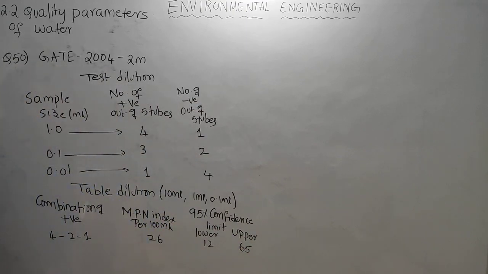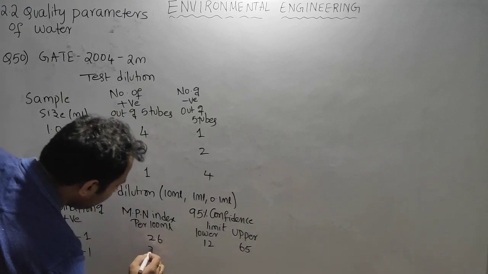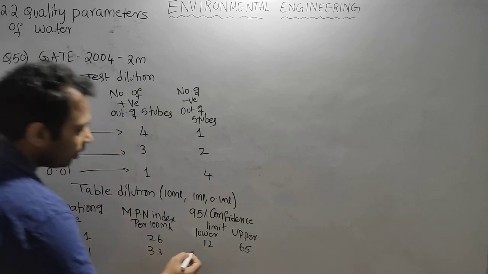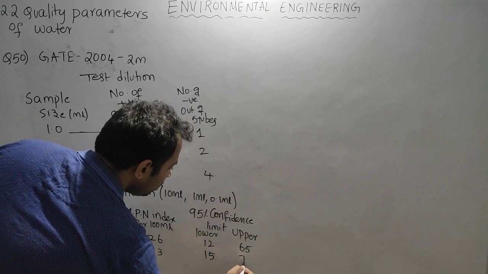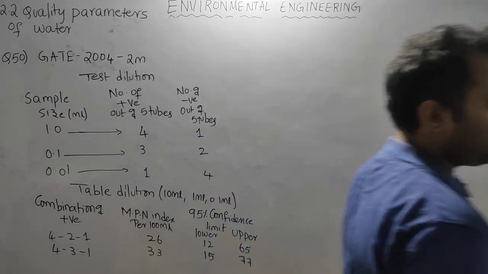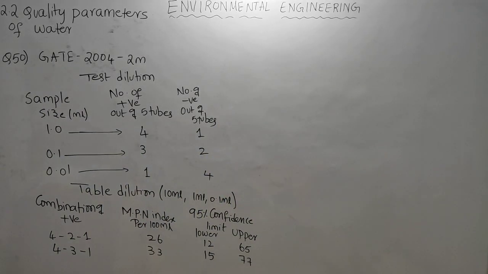Similarly for another combination, 4, 3, 1, it is 33, with 15 and 77. What the lower and upper confidence limits are is not needed at all to understand this. It is just extra information which is not needed.